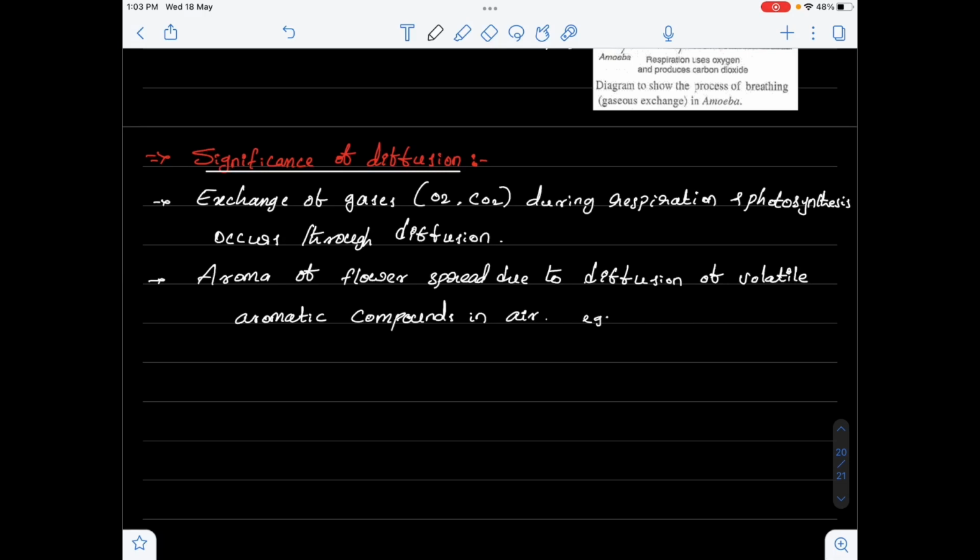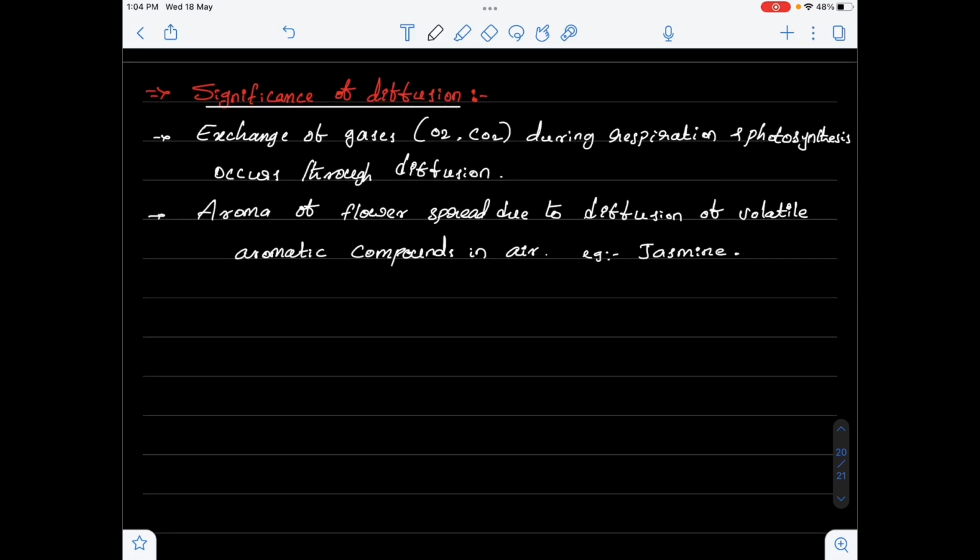Here you can take the example of plants like jasmine. Wherever a jasmine plant is present, the flowers release a good smell that spreads from its higher concentration to the lower concentration. So, this is the significance of diffusion in living organisms.